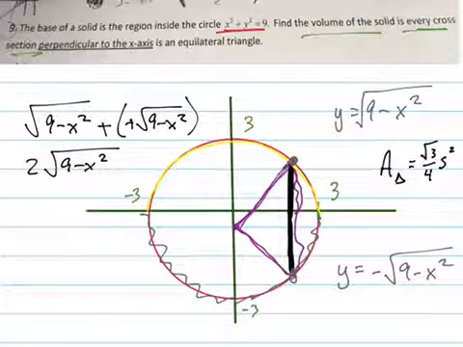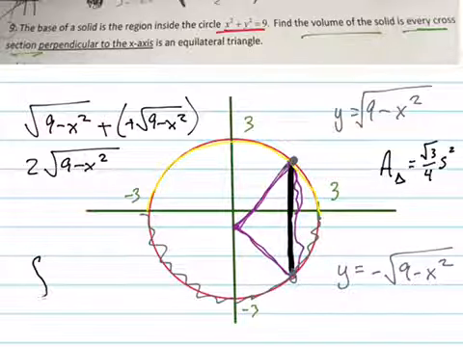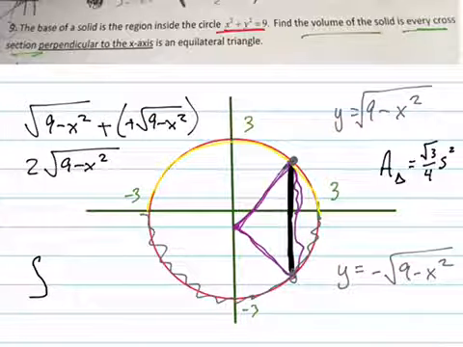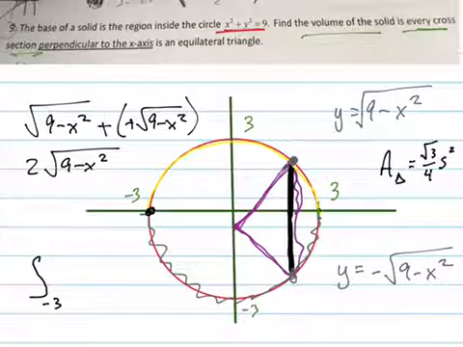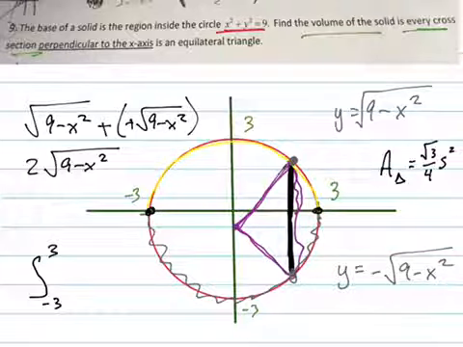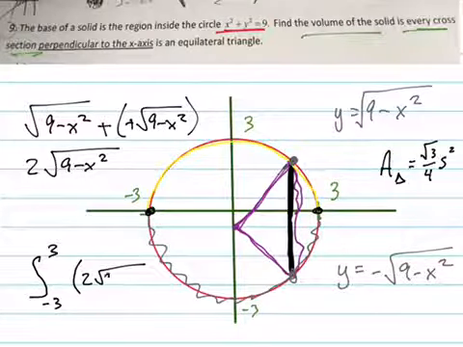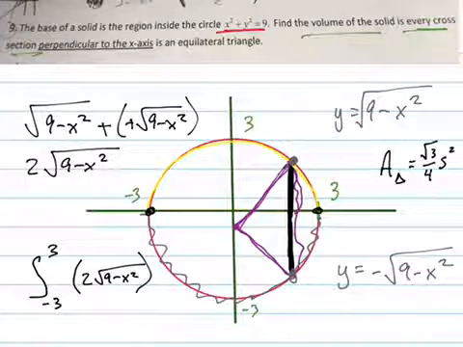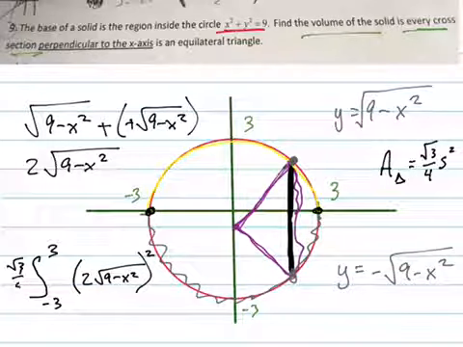So what I need to do is take the integral from -3, starting here, to +3, ending there, of 2 root 9 minus x squared, that's the side length, squared, and I put the root 3 over 4 out front, dx.